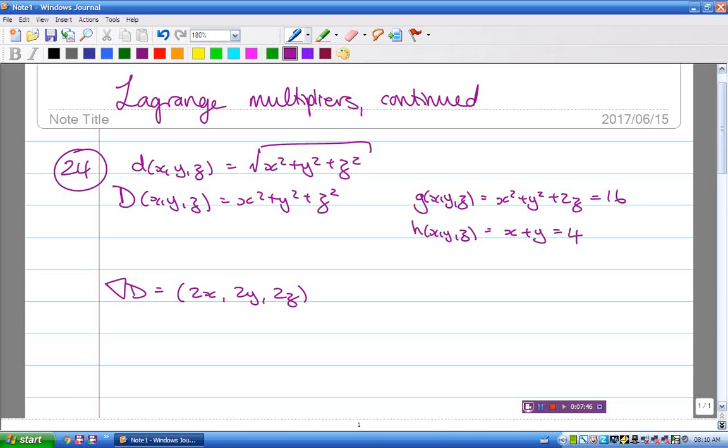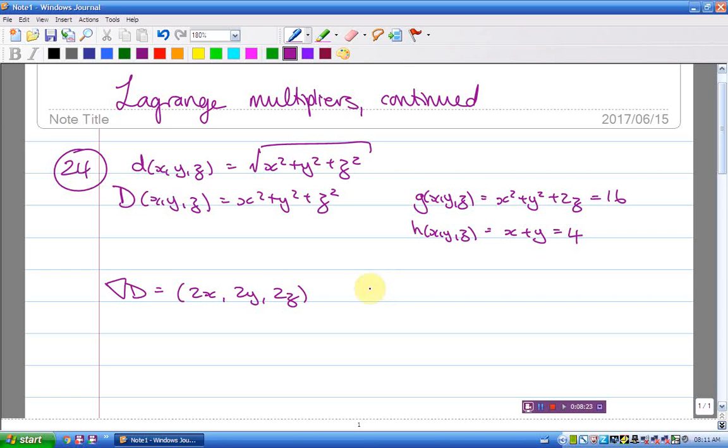There might be other ways of finding which points on the curve are closest to the origin. But if I want to use the Lagrange multiplier process, I need the thing I'm trying to optimize and the constraints expressed in Cartesian form. So if I actually find my curve of intersection, that's interesting information, but it's not useful for Lagrange multipliers because it'll be a vector equation, r of t something or other. There are undoubtedly other ways of solving for the same information.